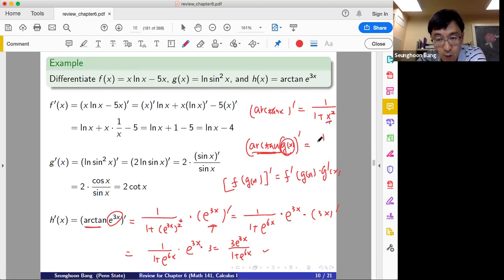So we have 1 over 1 plus g of x squared times the inner function prime, g prime of x. You can write it like this. Does it make sense? This is the reason, so we can do it right here.